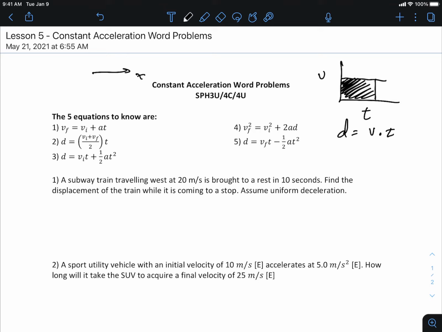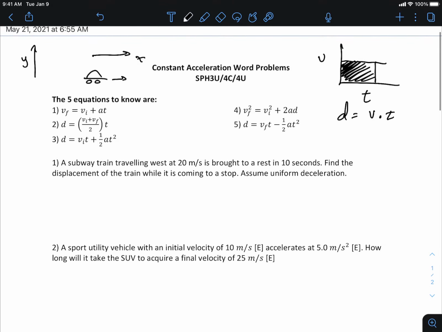Or this afternoon, vertical motion, so things traveling only in the Y. We're not mixing the two yet. That's for later. We're just applying these equations to situations like a train traveling this way or a car driving. They're only traveling in one dimension, like X, and they're accelerating and they have initial velocity and how far did they go, things like that. That's the kind of questions we're going to ask.